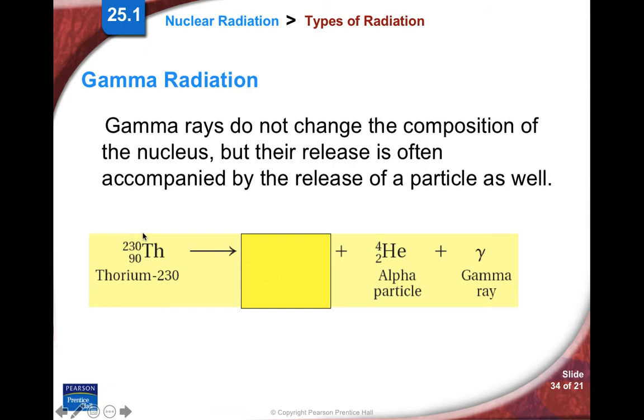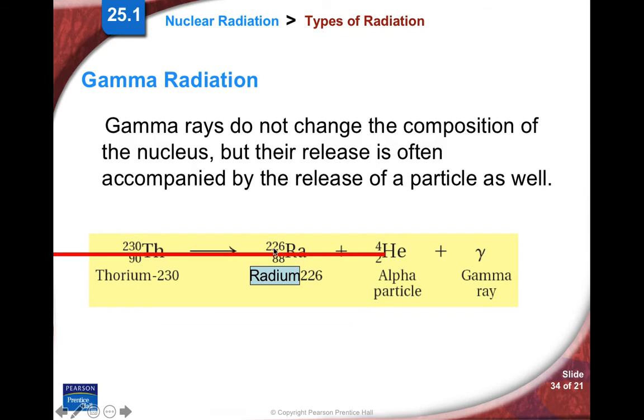And so 230 minus 4 is 226. 90 minus 2 is 88, and that element is radium. And remember, we put the isotope mass number after the element's name because there are different forms.